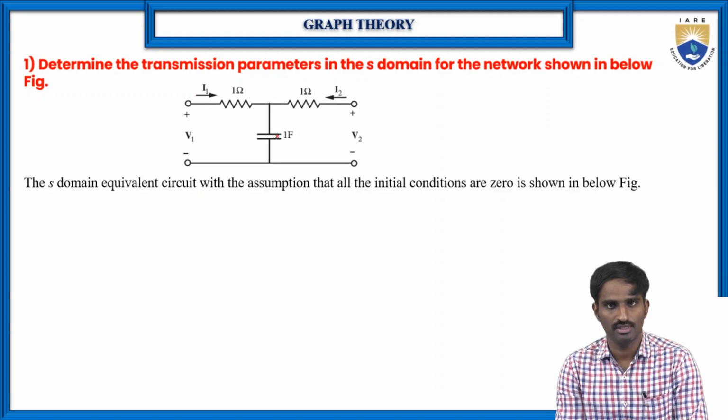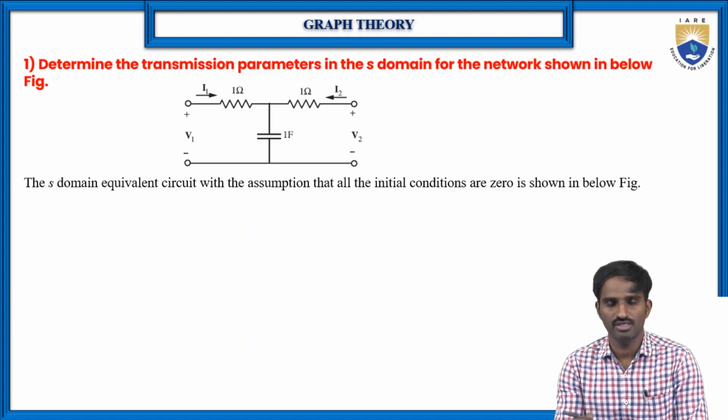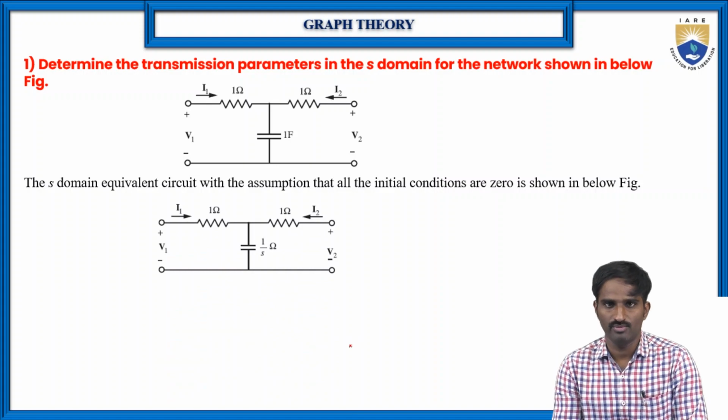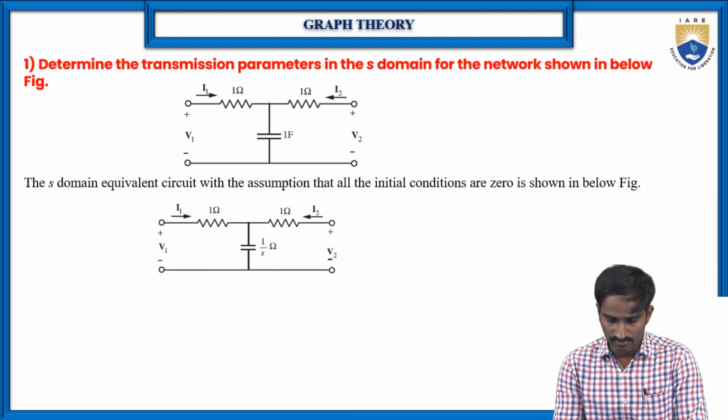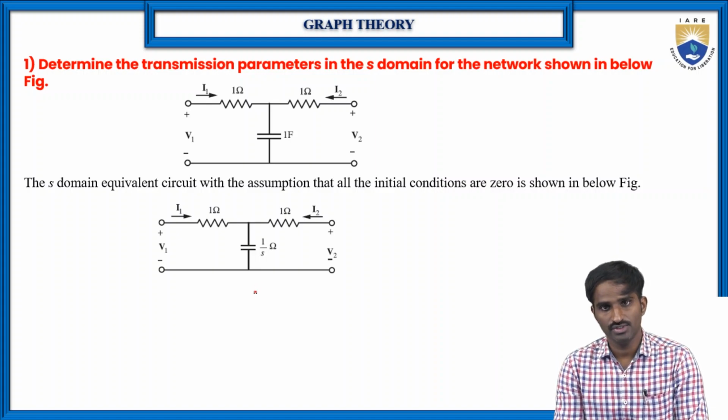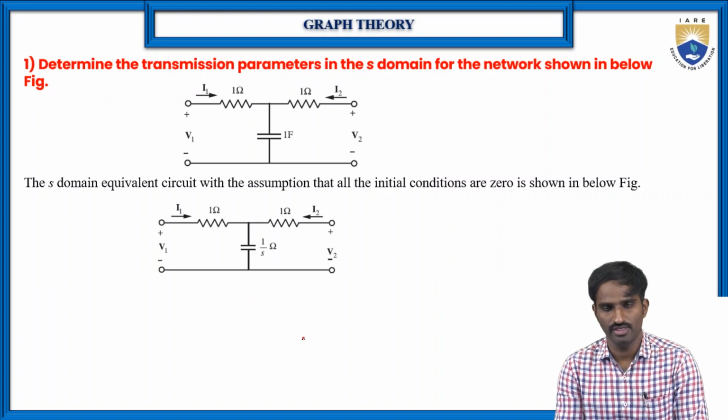In the S domain, the resistors are the same as usual, but the capacitance of 1 farad converts to 1 by S ohms. First, as I mentioned, we are going to find the A and C parameters.